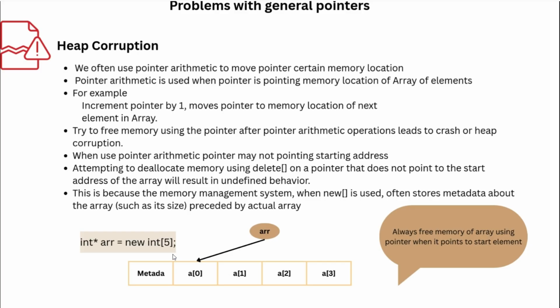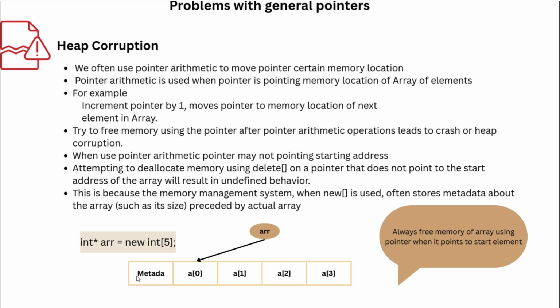You can decrement, increment, pre-increment, post-increment, so many things we can do. In that case, your pointer may not be pointing to the starting address. Without having an idea about where it is pointing right now, let's say I did arr plus 5 or something. Without knowing whether it is pointing to the first element or not, if I call free or delete, what happens?